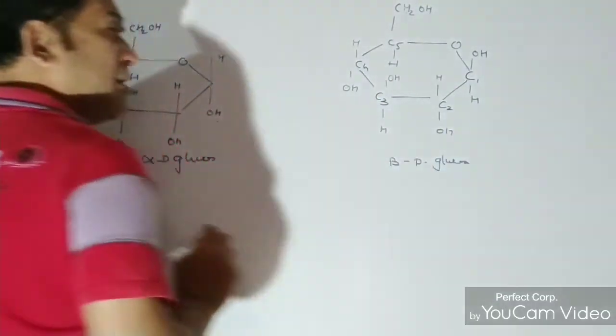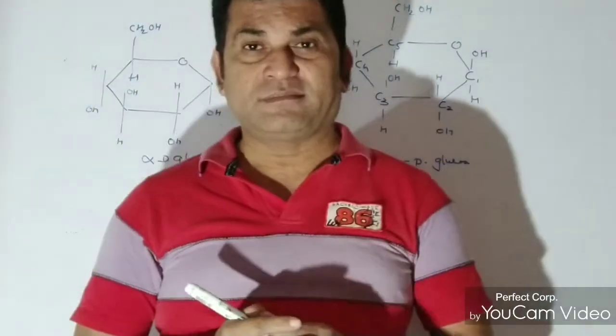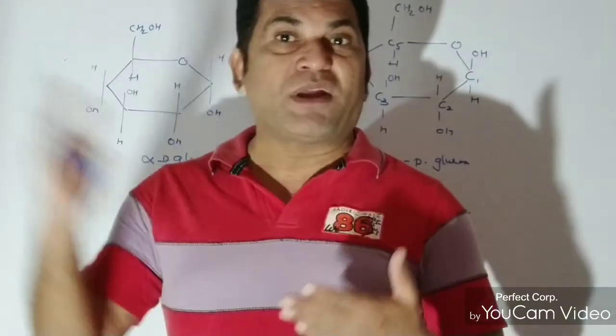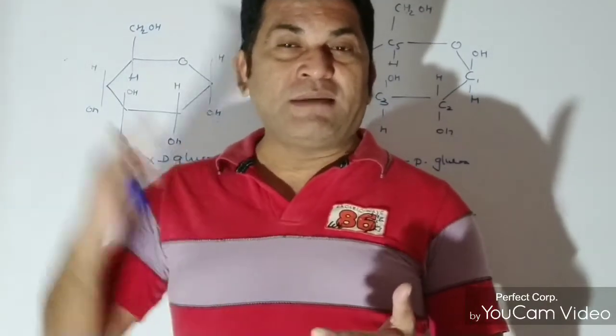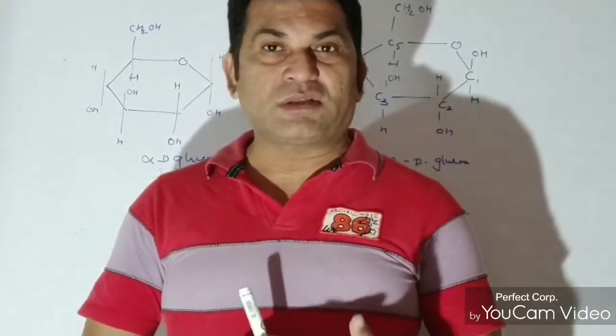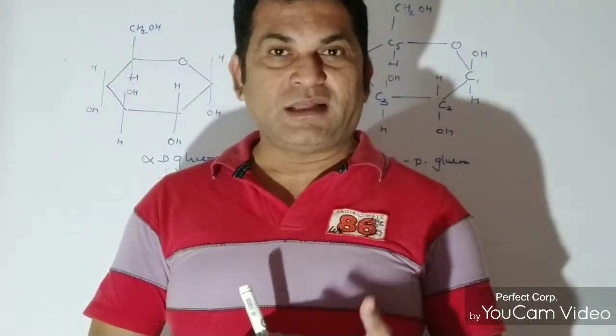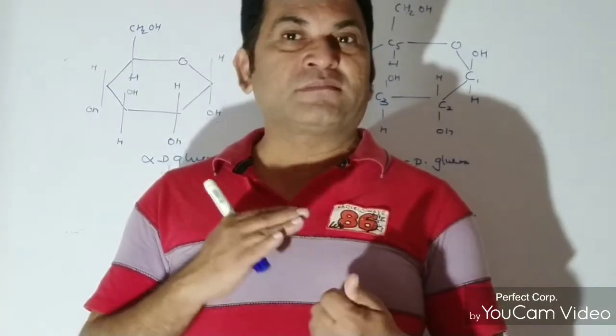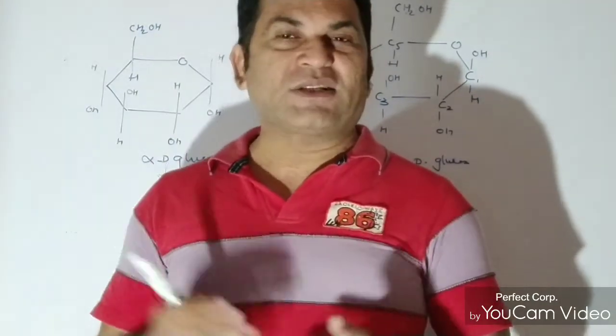So glucose has nearly 6 isomers. Alpha D plus glucose, alpha D minus glucose, beta D plus glucose, then beta D minus glucose.